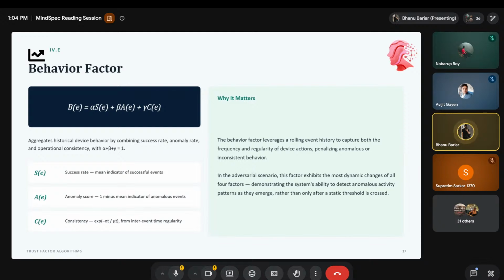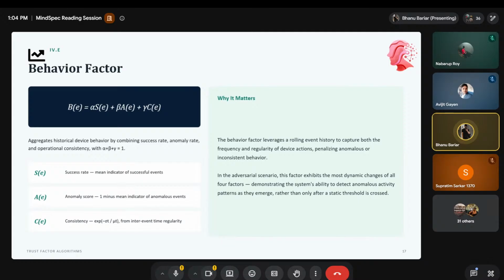And then the anomaly score. It measures abnormal activities, which can include failed authentication, unexpected communication, suspicious packet generation, unusual login attempts, or abnormal traffic patterns. The more the anomalies, the less the trust. Both are inversely proportional to each other.